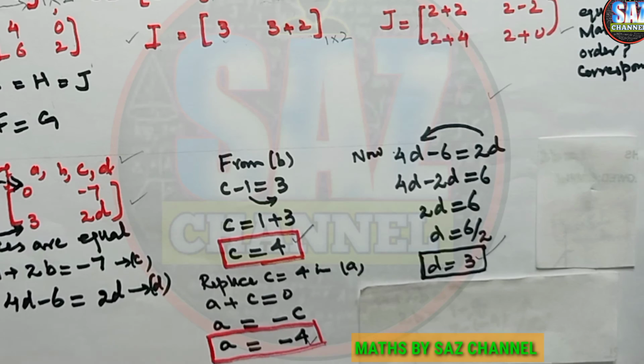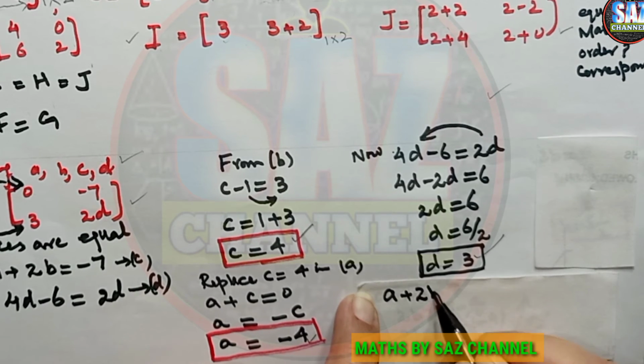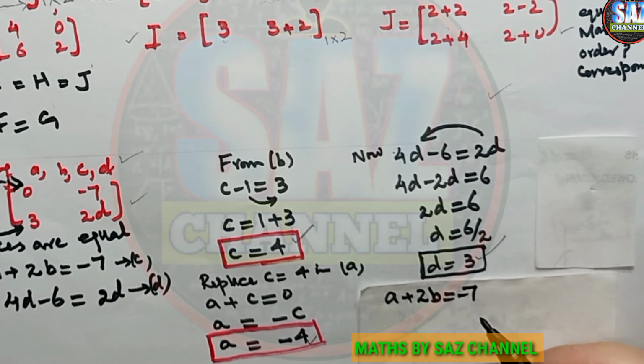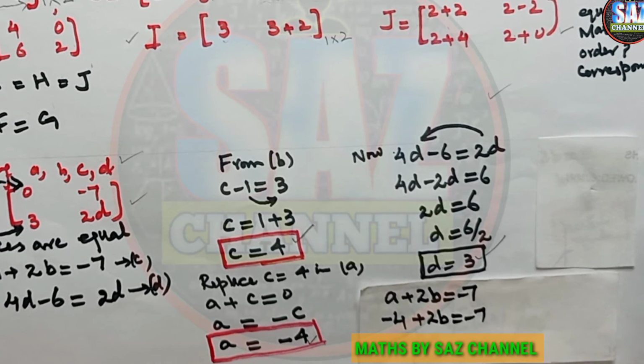And now in order to find the value of B, we can take the equation A plus 2B equals minus 7. Now we can see that A has the value minus 4. Minus 4 plus 2B equals minus 7.